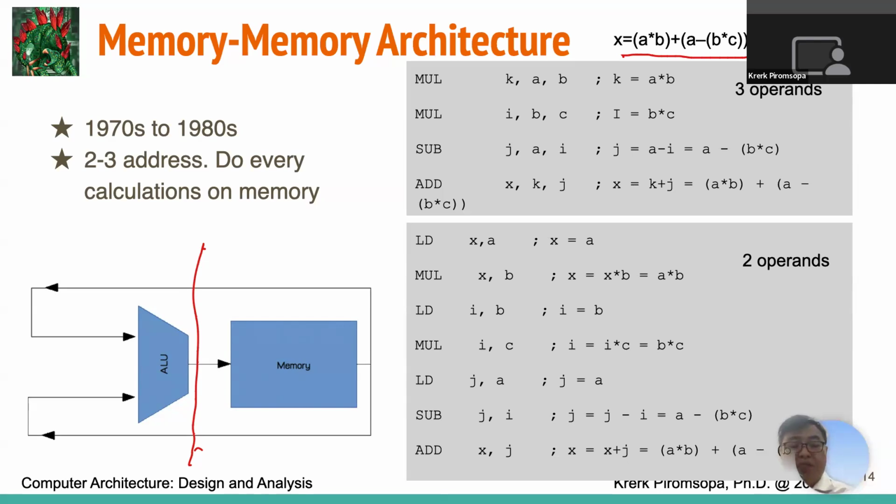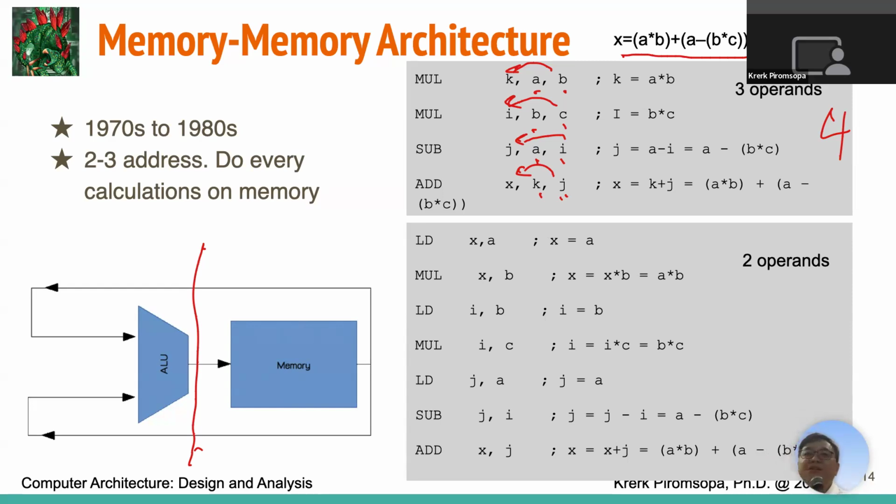If your memory architecture supports 3 operands, you can just do A multiplied by B, put it into K. B multiplied by C, put it into I. A subtract I, put it into J. K add J, put it into X. Now we got our X within 4 instructions. Now you see my point?